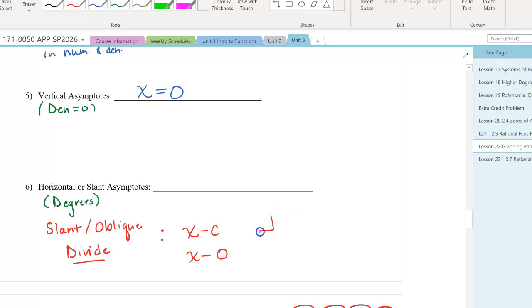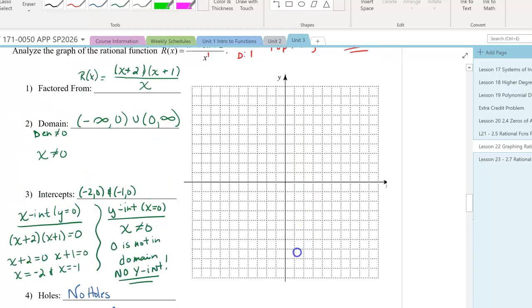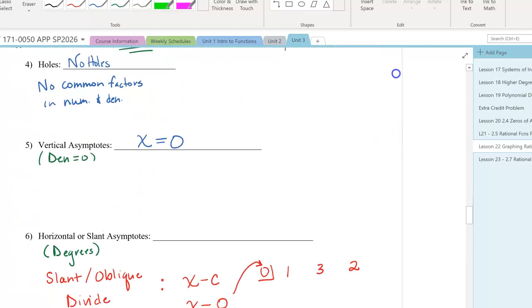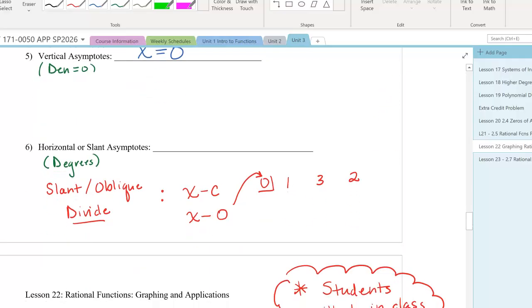So we're going to put 0 here in the box, and then the coefficients are 1, 3, and 2. So I got those from the numerator, 1, 3, and 2. It was kind of tricky, but it makes sense, hopefully, if you think about it.